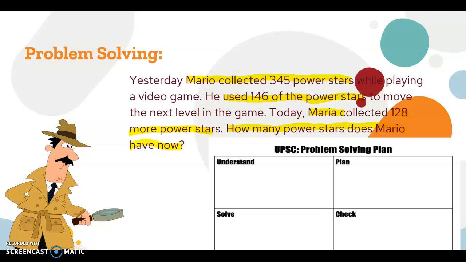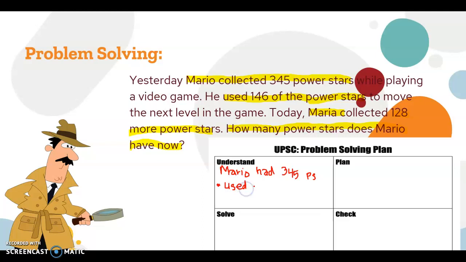We understand that Mario had 345 power stars, and I'm going to abbreviate power stars as PS because of space. And we know that he used 146.